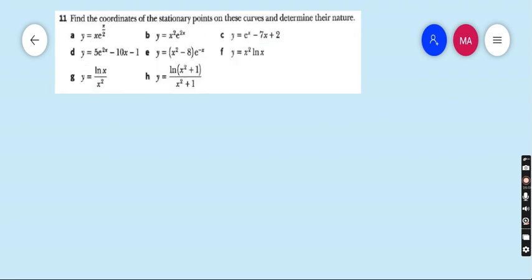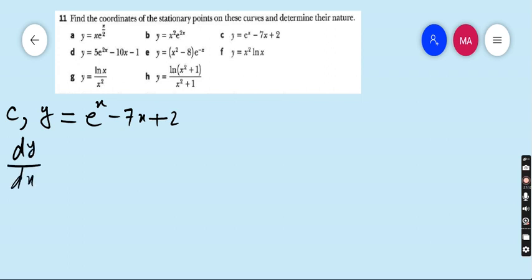What is part C? y equals e^x minus 7x plus 2. Very easy. Find the derivative.